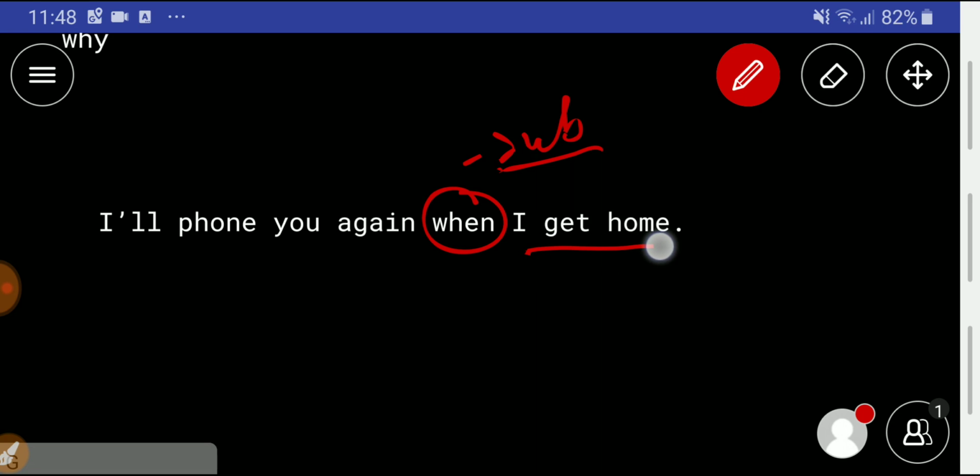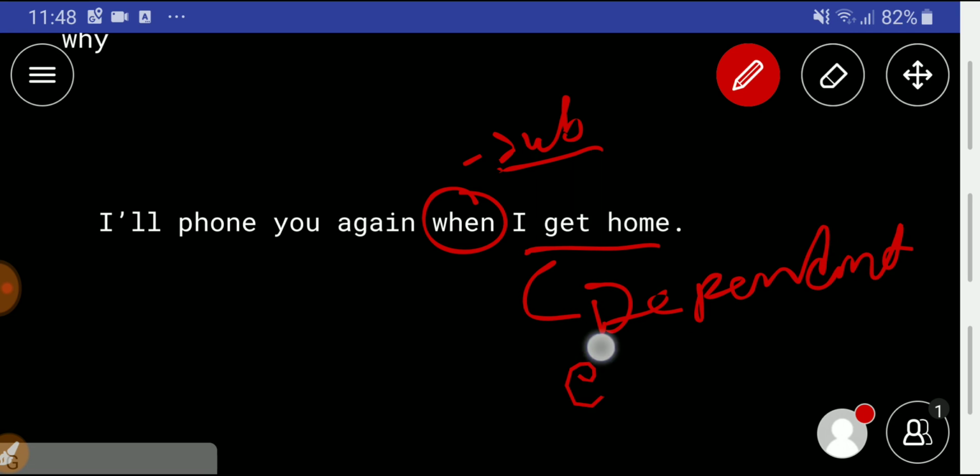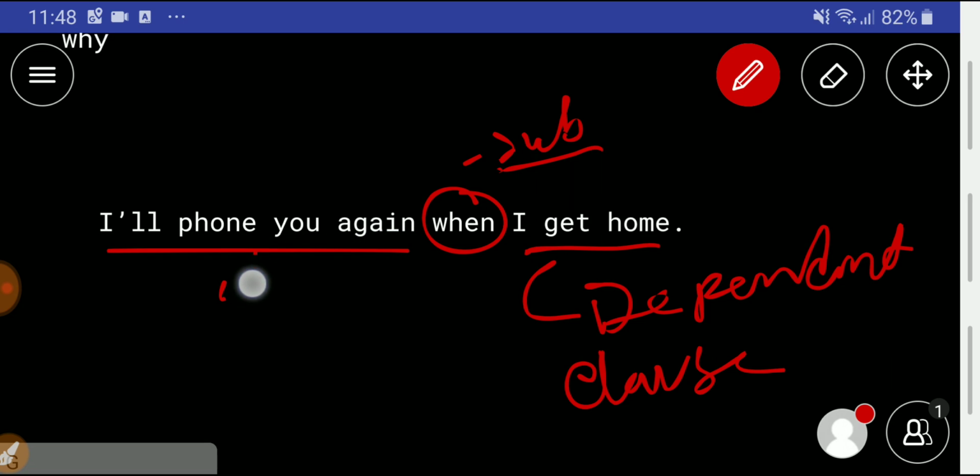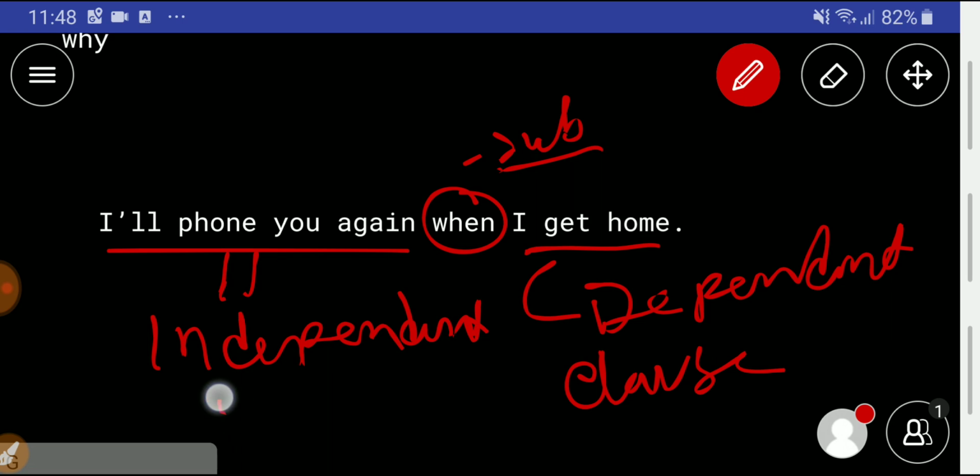So "when I get there" is a dependent clause, and "when" is joining this dependent clause to the main clause, which is "I will phone you again." This is an independent clause.